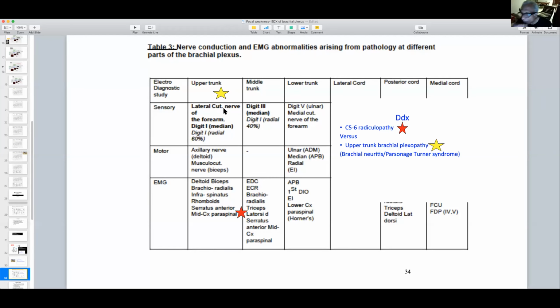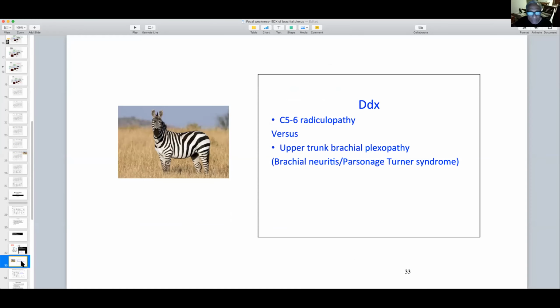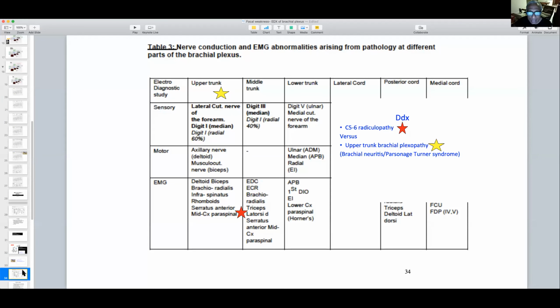So actually in a busy electrodiagnostic clinic, just starting off with the sensory potentials of these two will straight away help. Of course, we have spent a lot of time in history taking, and a lot of time in detailed clinical exam, and all we needed to do was think about what we needed to do and do those relevant nerves. Lateral cutaneous nerve of the forearm, digit 1, if they are abnormal, it must be plexopathy. If they are normal, it must be a preganglionic lesion, C5, C6 radiculopathy.